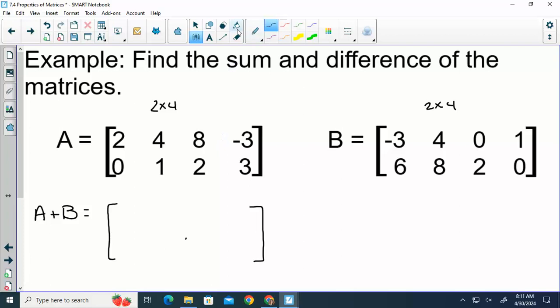So when I do matrix A plus B, I am going to go through and add all my corresponding numbers. So row 1, column 1, we're adding the row 1, column 1.